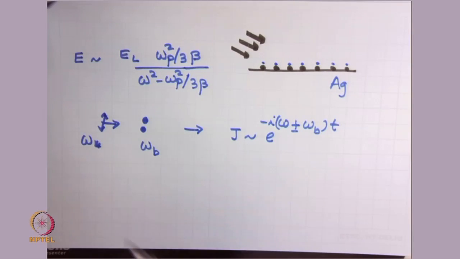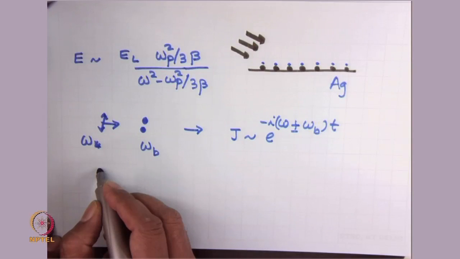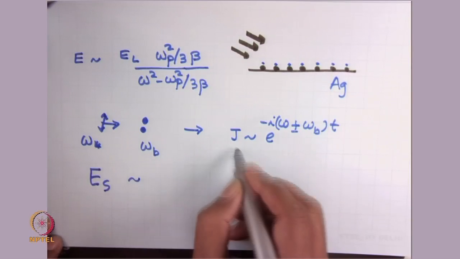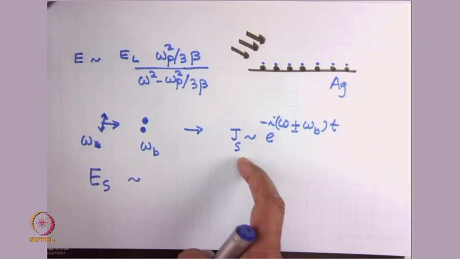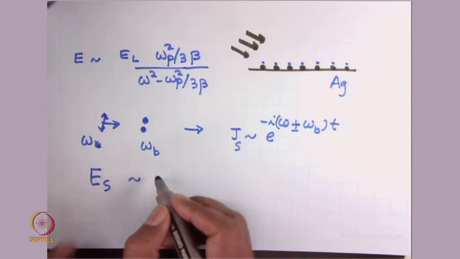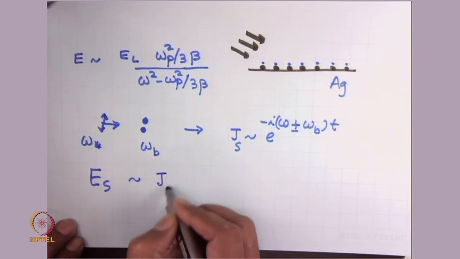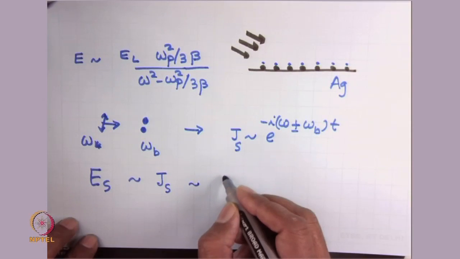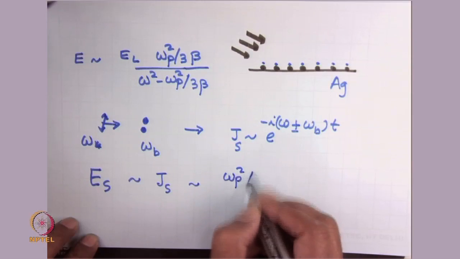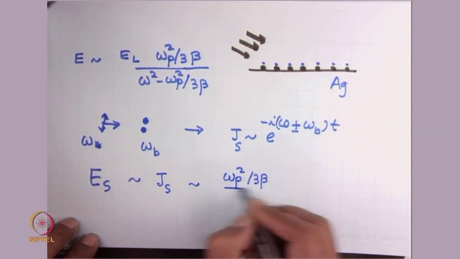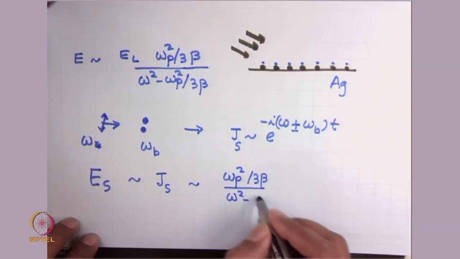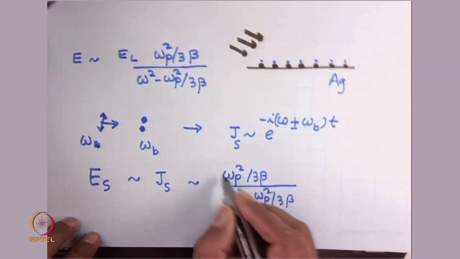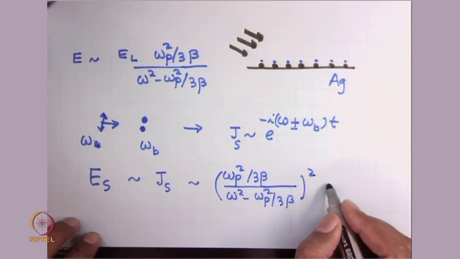So, the Raman scattered signal E scattered goes as the induced current Js, which is enhanced by the factor omega p square by 3 beta upon omega square minus omega p square by 3 beta, to the power 2, into the laser field.